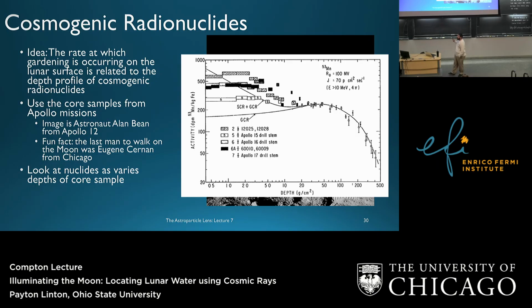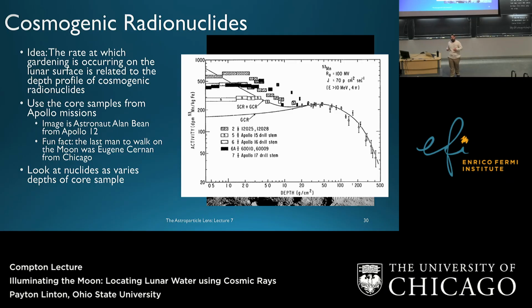But what we actually see in the data is a roughly constant amount of cosmogenic material as we go deeper and deeper into the moon, right? But by the time we reach roughly 50, 60 centimeters, it starts to decay off. And then by the time we're beyond a meter or so, it fits back perfectly to the model of no gardening, right? And so in this way, cosmic rays have informed us to understand that gardening is happening.